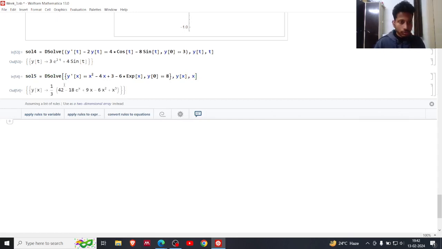So this is the solution for y dash x equal to x square minus 4x plus 3 minus 6 e to the power x. Okay.